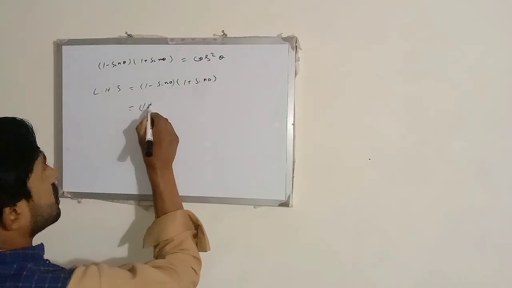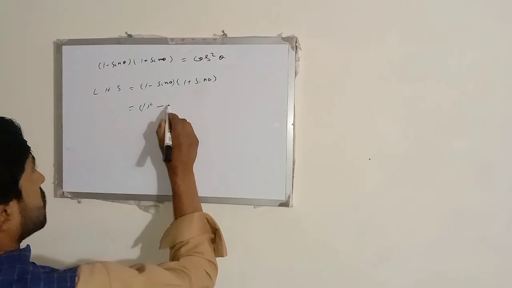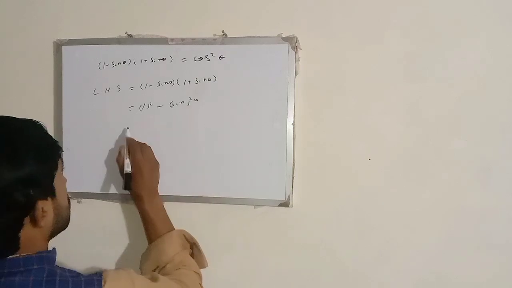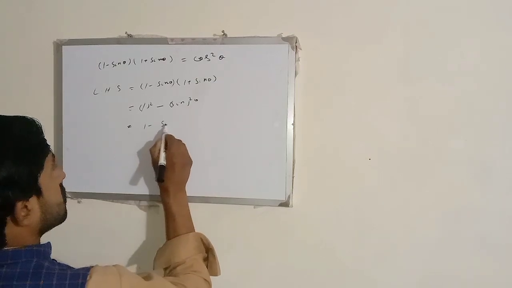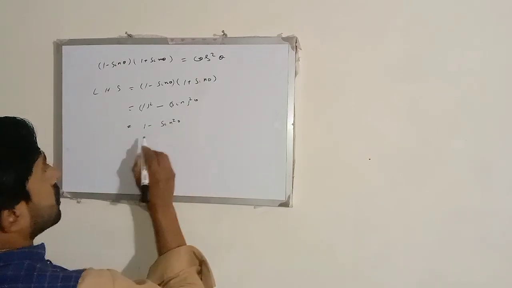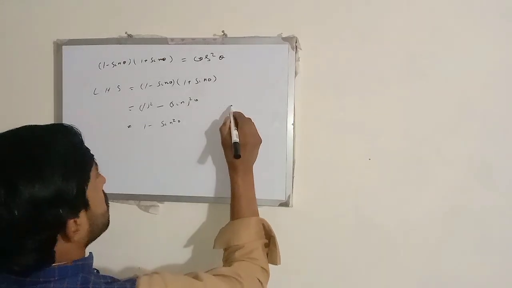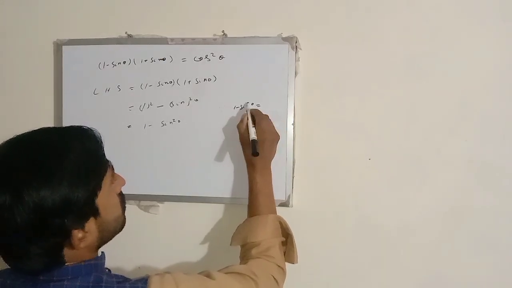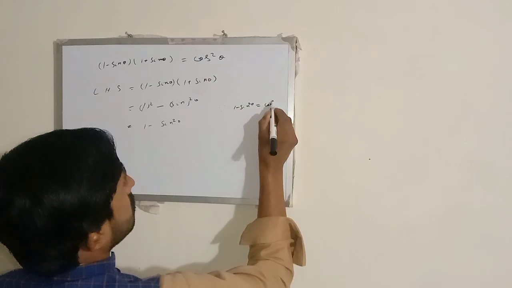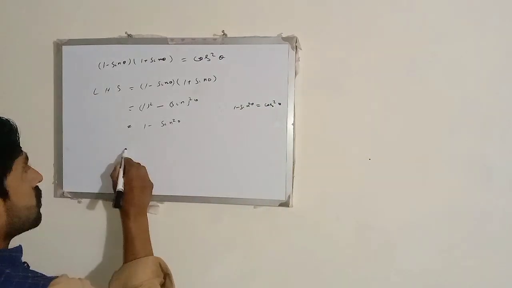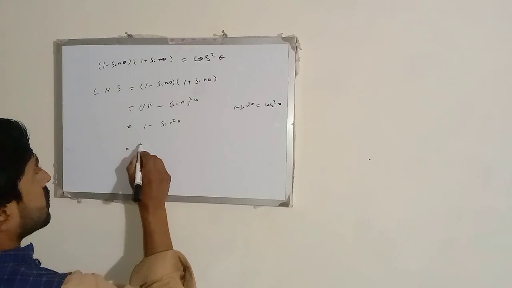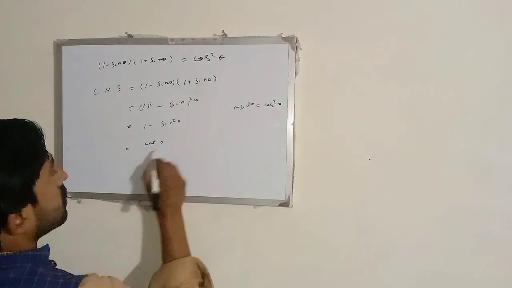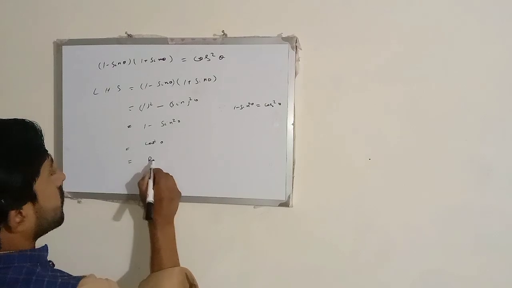Multiply it: 1 squared minus sin squared theta, which is 1 minus sin squared theta. We know that 1 minus sin squared theta is equal to cos squared theta. So the left hand side is equal to cos squared theta, which is equal to the right hand side.